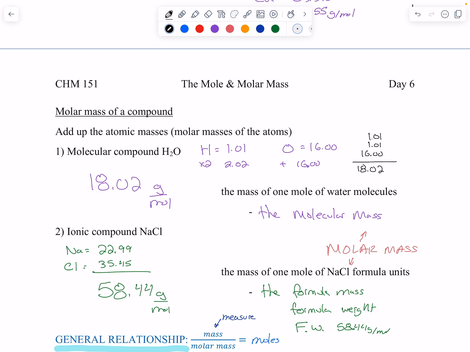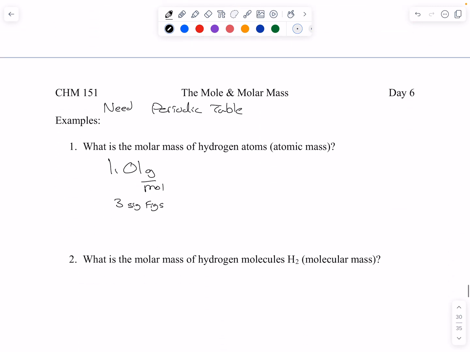So I have 4 sig figs. Having more is not going to matter, right? If I use 1.008 plus 1.008 plus 16.00, I get 18.016. To 4 sig figs, that's 18.02. So do I need 5 sig figs? I doubt it.